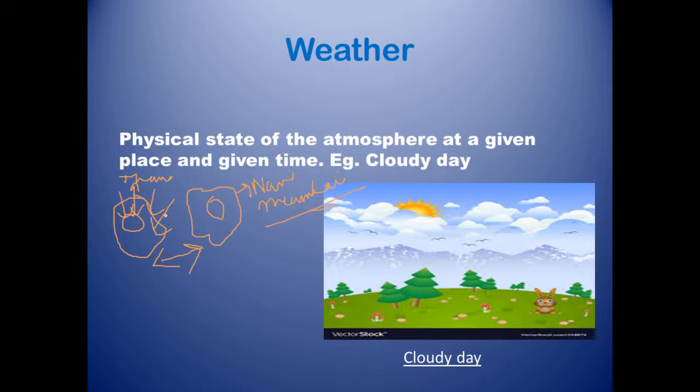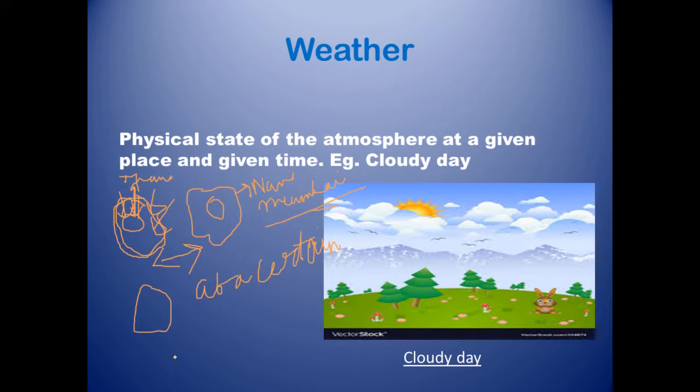So this difference or this type of condition is known as weather. Like rainy weather, sunny weather, these are weather. When we talk about a small place at a certain time, where the time is relatively small, I am just talking about a day, or just the morning part of a day or the night part of a day.